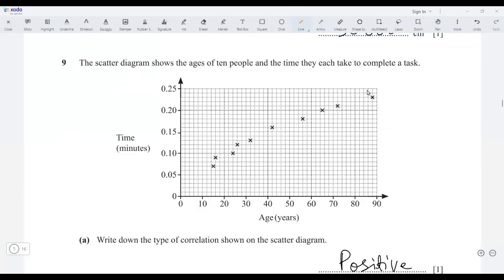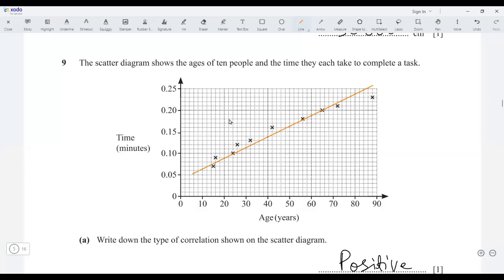So if we draw a line from here, I think this is okay. If this line is okay, as you can see, the points above it and below it are normally about equal.